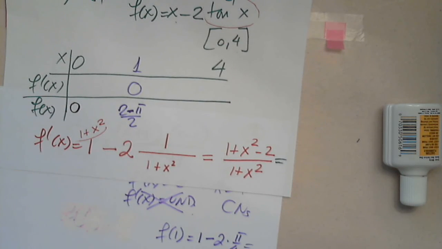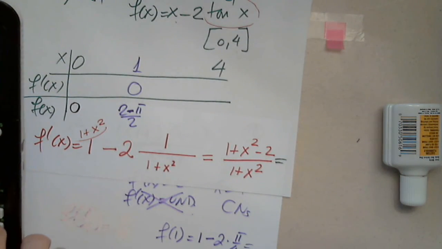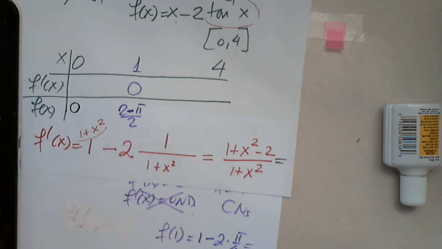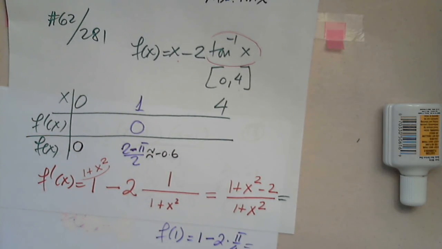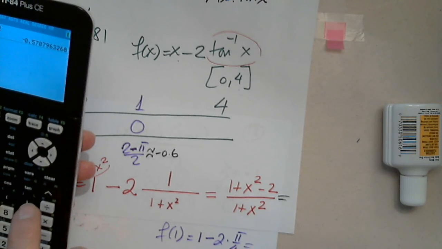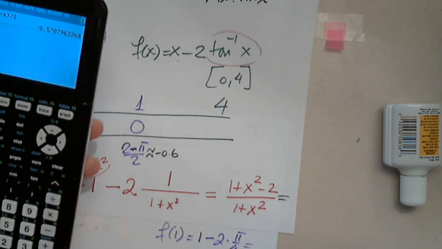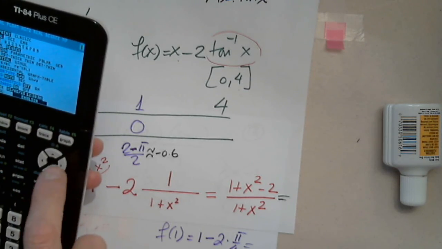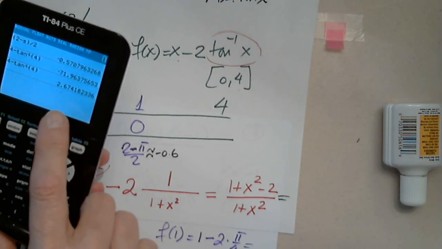I know I exceeded by 1 minute. You don't have to wait if you don't want to. So sorry. Okay, and divided by 2, it's negative 0.6 approximately. And when I plug in 4, I get 4 minus arctangent 4, which is 2.7.